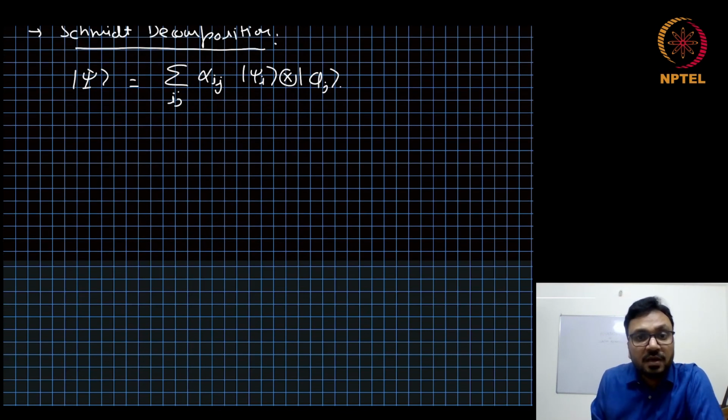We have this. Now we have matrix A such that alpha ij is the ijth element of matrix A. Now we will invoke something called singular value decomposition.